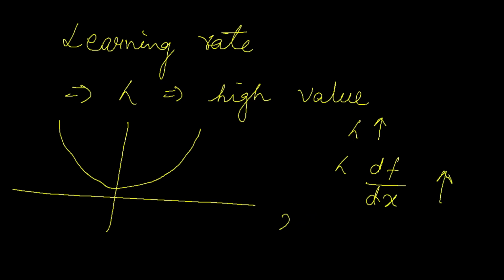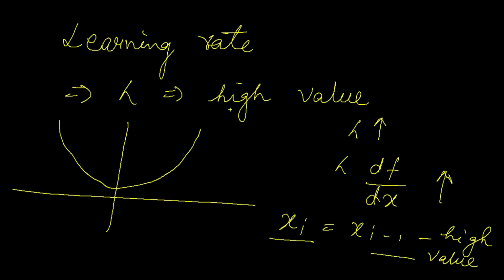This means the change in xi is a high value, so the difference between xi and xi minus 1 is also high, which means we will take very big steps, and we will cross this minima also.